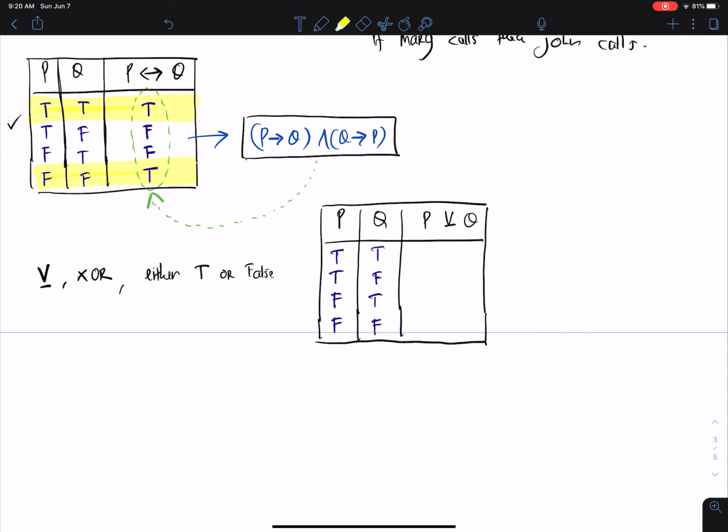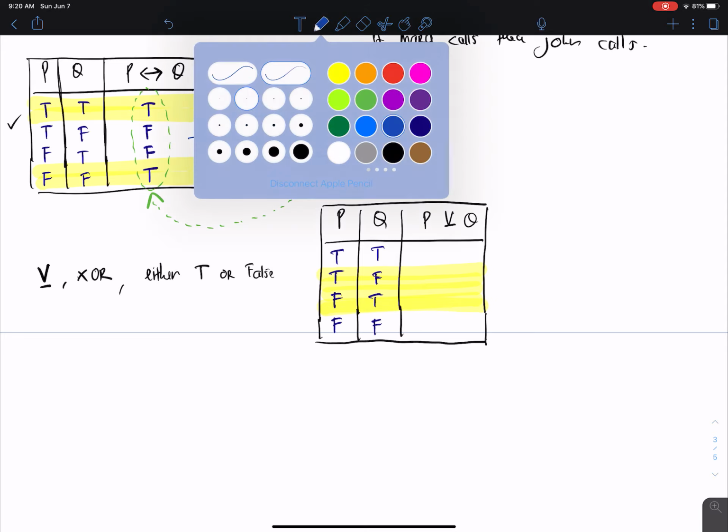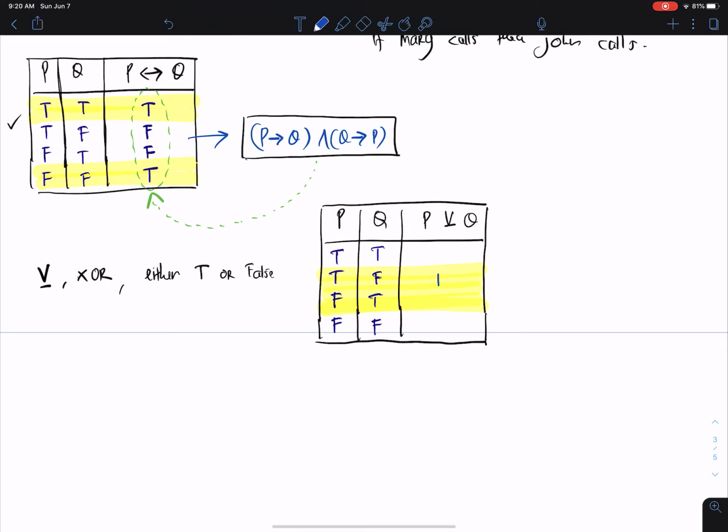So with XOR, that will be true whenever either one of them is true. So you are going to see that on the second and the third row only here. So with this combination of truth values, that will be true, while it will be false for the rest.